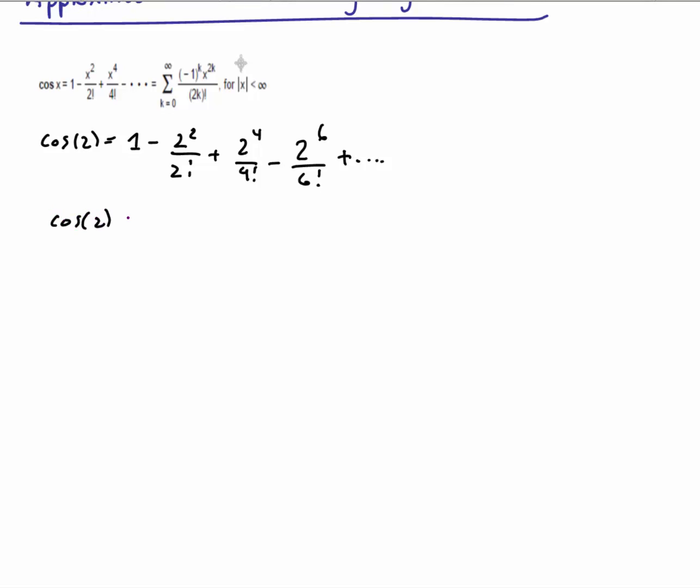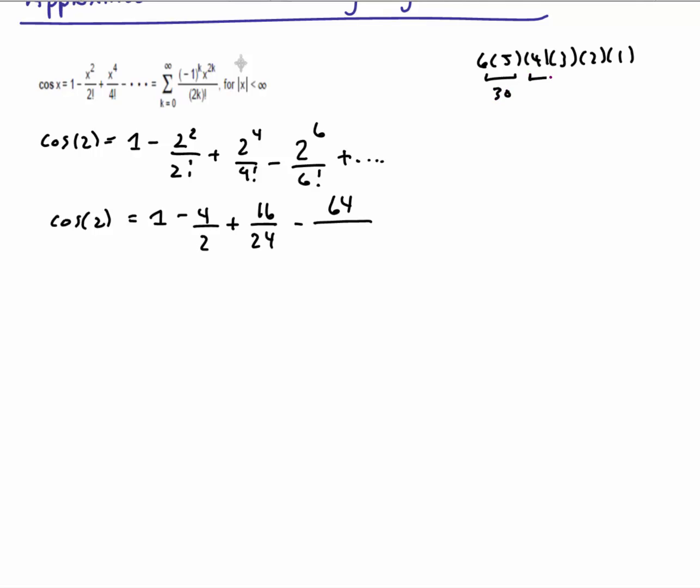Now we'd want to simplify. So this would be 1, 2 squared is 4, 2 factorial is 2, 2 to the 4th is 16, 4 factorial is 4 times 3 is 12 times 2 is 24. 2 to the 6th, 2, 4, 8, 16, 32 is 64. 6 factorial, quick way to do factorials, if you don't have a calculator, this is more fun anyway, is you can just look at pairings or groupings that look like they're going to go well together for multiplication. 4 times 3 is 12, times 2 is 24, and of course 24 times 3 is 72, so 24 times 30 is 720.